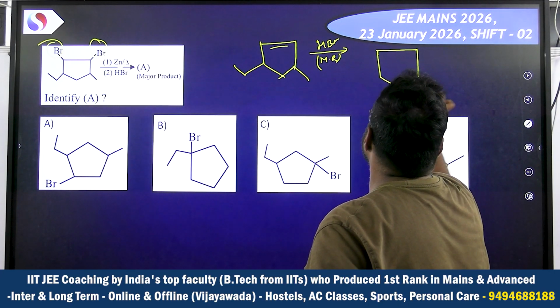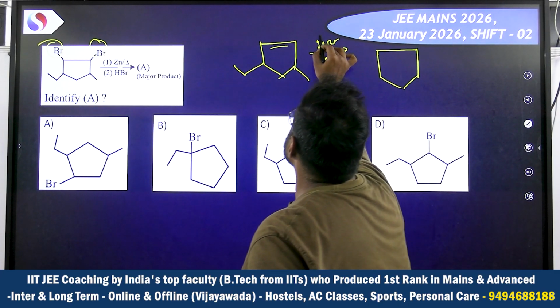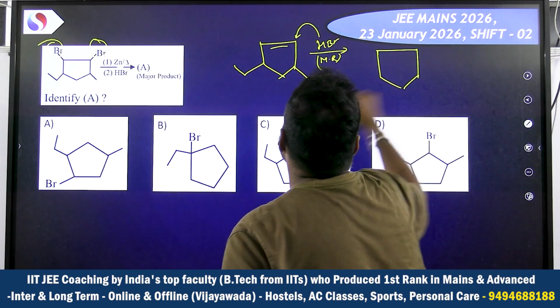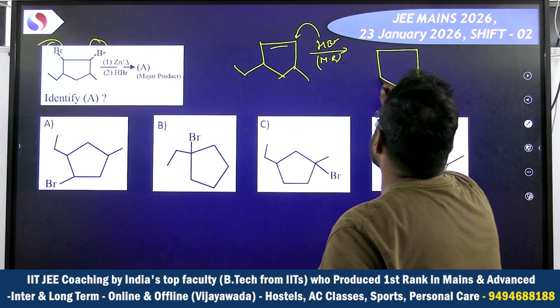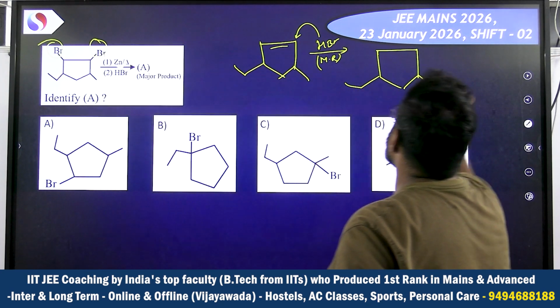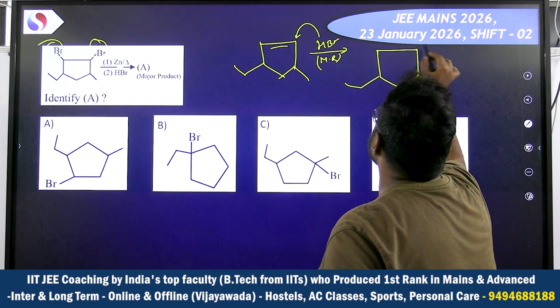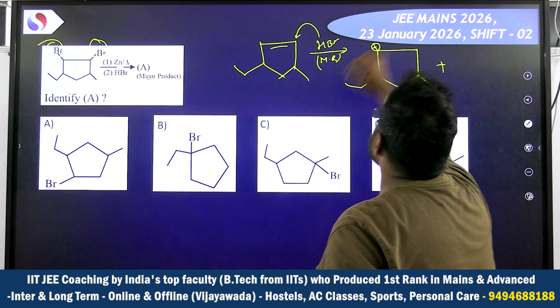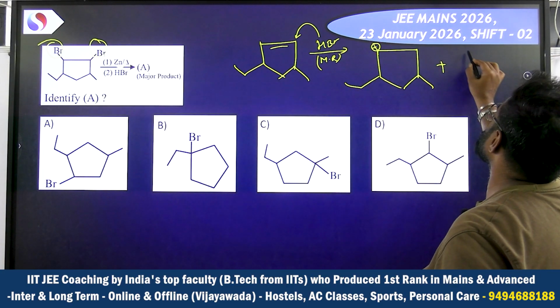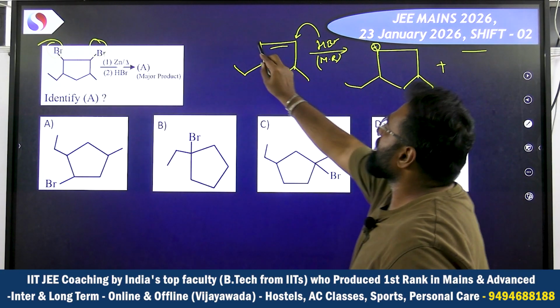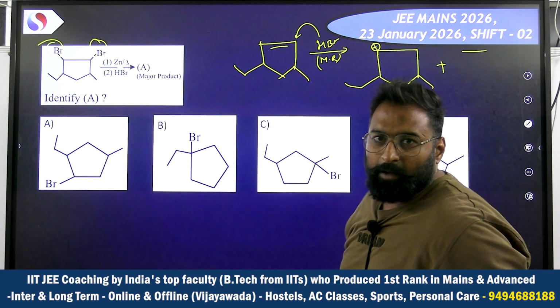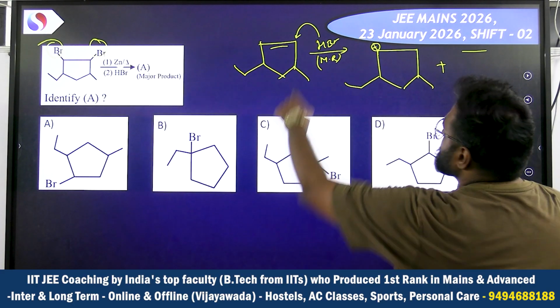There are two options. Okay, H plus can either attack over here, so this becomes our cation. And in the second option, H plus attacks over here. In the first condition H plus is attacking here.